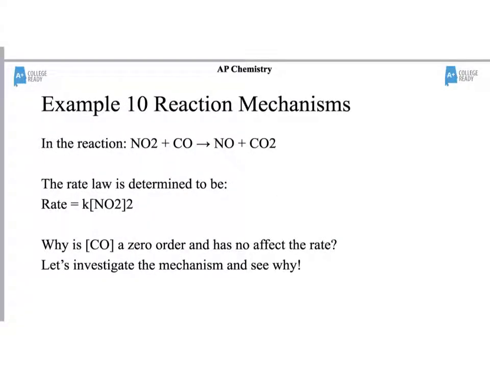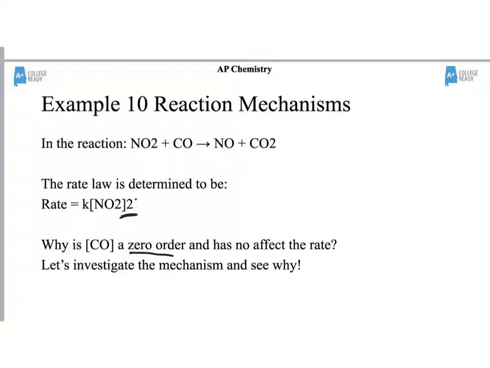So here's a reaction, and it tells us that the order of this, based on the rate law, is that NO2 is a second order reactant. So the question is, why is carbon monoxide a zero order reactant having no effect on the rate?